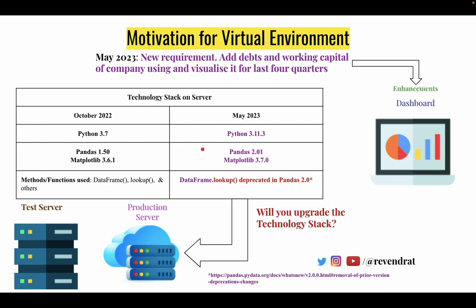Packages continue to evolve over a period of 3 to 6 months, and it is important to track the functions that you are using and whether they are continuing with the new versions or are being deprecated. If the function that you are using in your previous code is deprecated, any upgrade in this scenario would break your application. If you're upgrading to Pandas 2.0.1, your code will break in the test server as well as in the production.